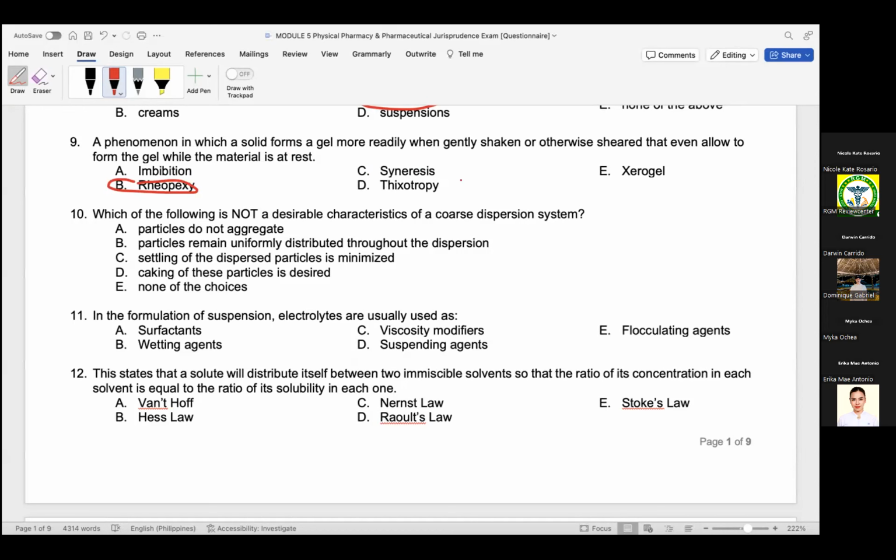Pag syneresis, may squeezing out of solvent or vehicle as droplet. Pag thixotropy, di ba, reversible gel sol formation yan. And xerogel as in zero solvent, nawalan yung gel ng vehicle or solvent and only the gel framework remains. So the correct answer here is letter B.